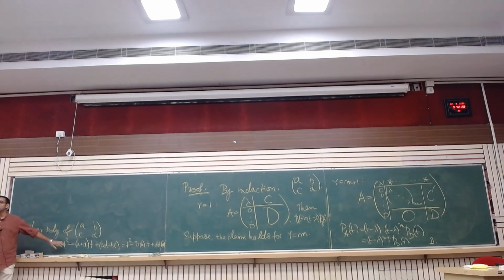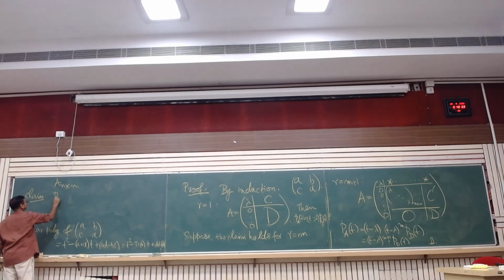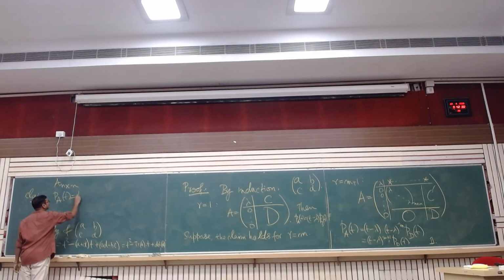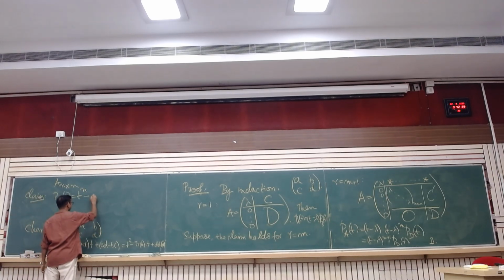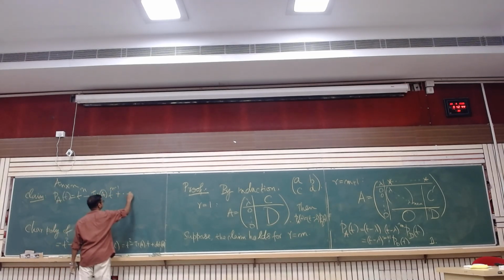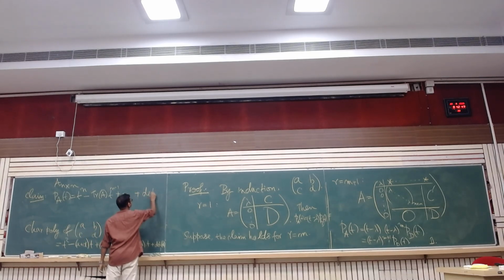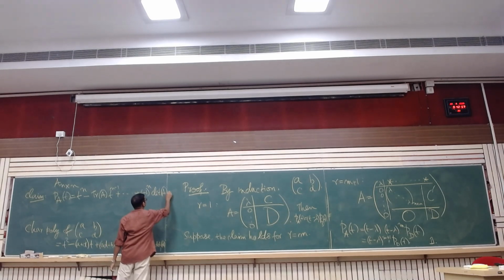Something similar also happens when A is an n cross n matrix. So, suppose A is now n cross n, and the claim is that now P_A(T) is equal to T power n minus trace of A times T power n minus 1 plus some intermediate terms plus minus 1 whole power n determinant of A. Okay.